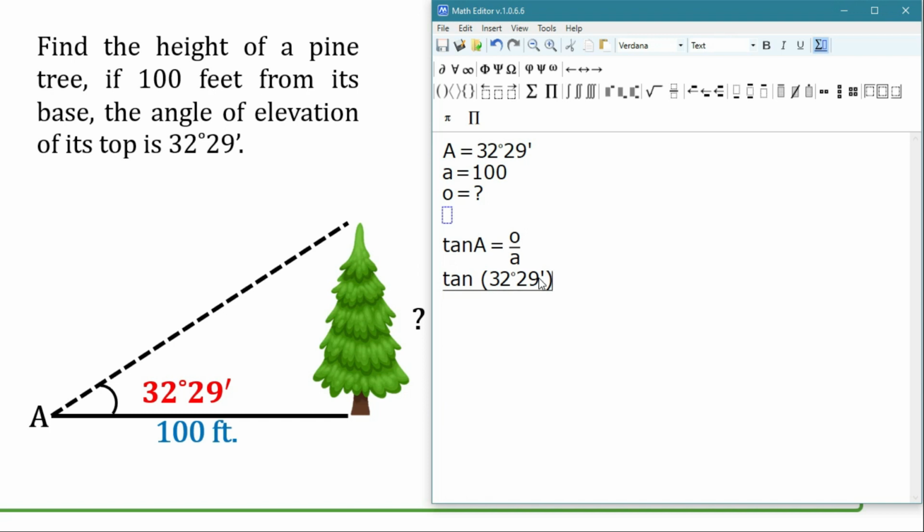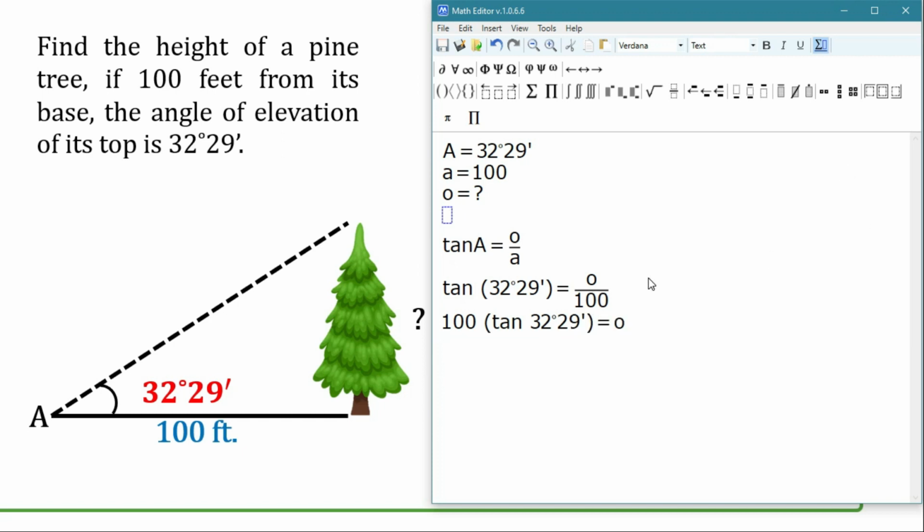So that's gonna be the tangent of 32 degrees and 29 minutes equals O over 100 feet, since we are looking for the opposite side, we'll leave O as it is. And doing algebraic manipulations, para ma-solve natin si O, we multiply both sides by 100. So that's gonna be 100 times the tangent of 32 degrees and 29 minutes equals O.